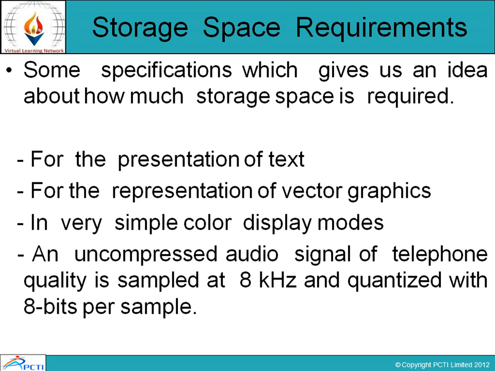For the representation of vector graphics, a typical still image is composed of 500 lines in which each line is defined by the horizontal position, vertical position and an 8-bit attribute field. The horizontal axis is represented using 10 bits and the vertical axis is coded using 9 bits. Then, in a very simple color display mode, a single pixel of a bitmap can be represented by 256 different colors.